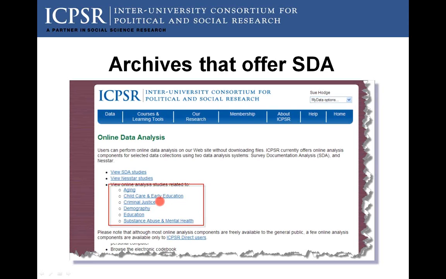The other archives, Child Care and Early Education, which is Research Connections, Demography, which is DSDR, Education, which is the International Archive of Education Data, IAED, and Substance Abuse and Mental Health, which is SAMHSA, allow you to authenticate anonymously.